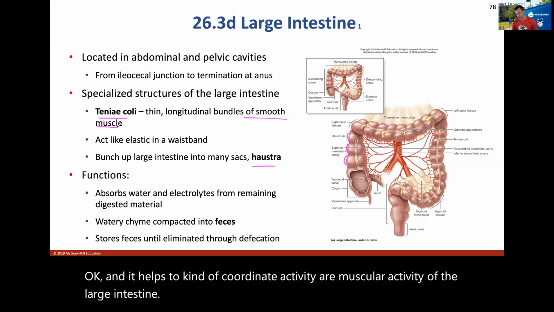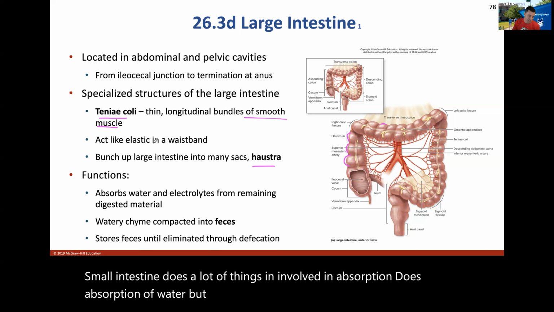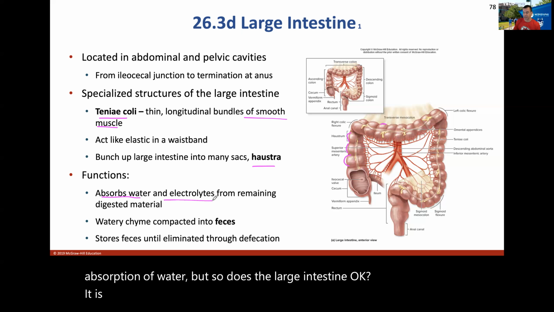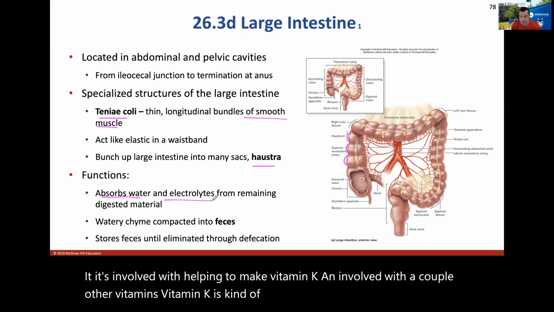The small intestine does a lot involving absorption, including absorption of water, but so does the large intestine. It absorbs water and electrolytes. Electrolytes are found in water. It's involved with helping to make vitamin K, and a couple other vitamins. Vitamin K is the hallmark vitamin made here within the large intestine.